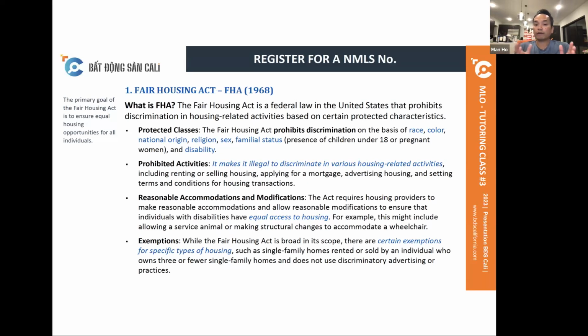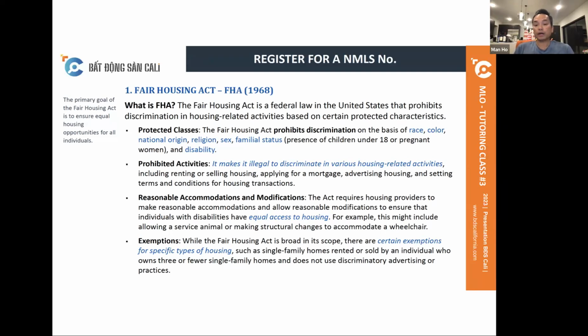And also family status. You don't treat a divorced person, a widower, a woman, or somebody who is pregnant differently. You treat everybody the same, regardless of whether they are married, unmarried, have kids, or don't have kids.